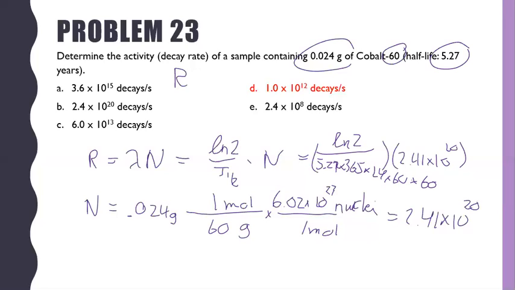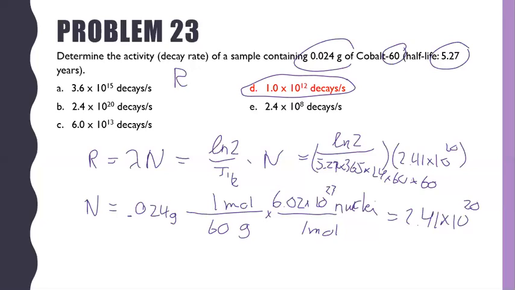So we take the answer from before and we multiply it by the natural log of 2. And then we start dividing by this whole parentheses of 5.27 and 365 and 24 and 60 and 60. And that gives me 1.004 times 10 to the 12. That's how we get that answer.